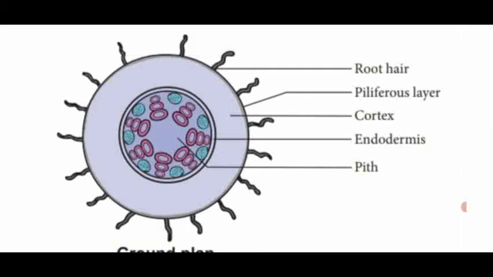Sometimes very closely packed, sometimes with intercellular space gaps. That is called pith or medulla. This pith is absent in the dicot root, but it is present in the monocot root. It is another important difference between dicot root and monocot root.